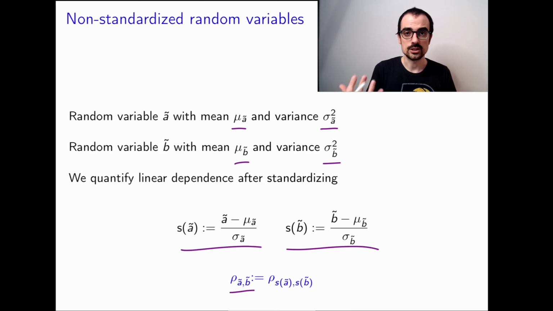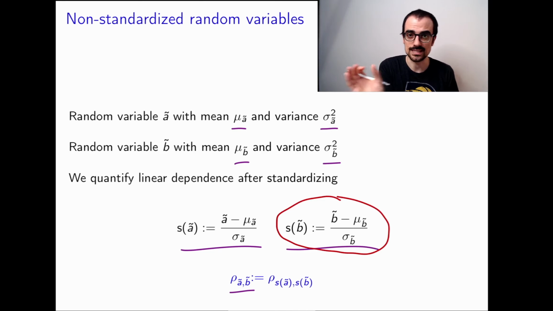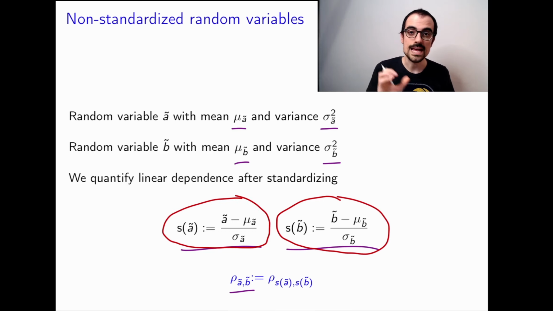So we determined that the best linear estimate of S of B, the standardized version of B, which is obtained by just centering and normalizing, is obtained by scaling the standardized version of A by the correlation coefficient.